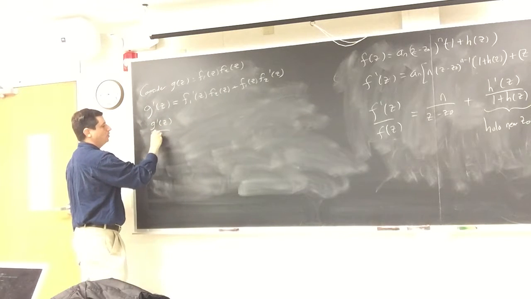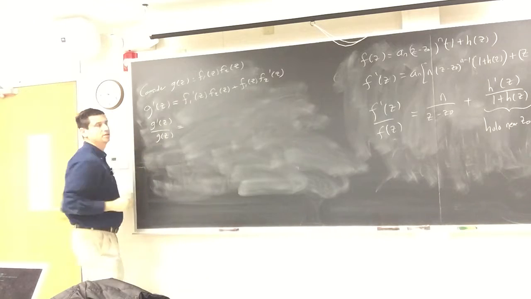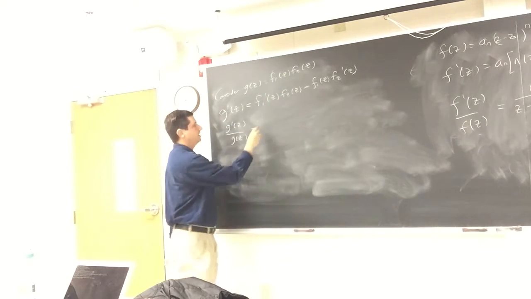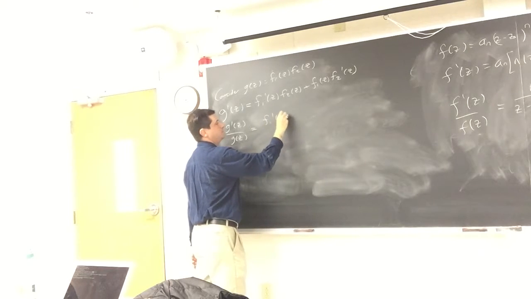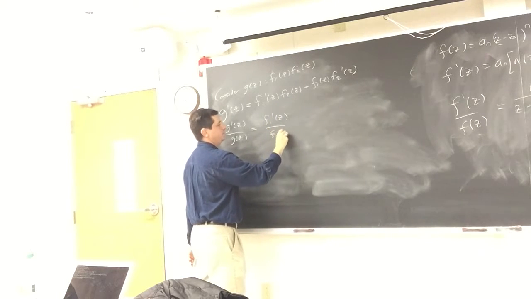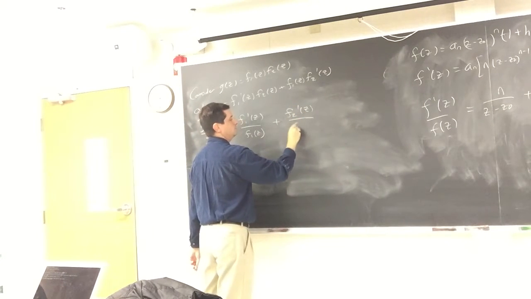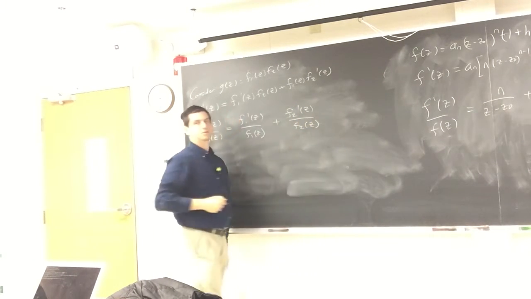If I now divide this by g of z, the f2's cancel here, and I get f1 prime of z over f1 of z, plus similarly f2 prime of z over f2 of z.